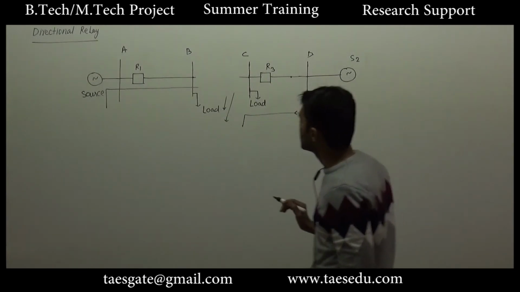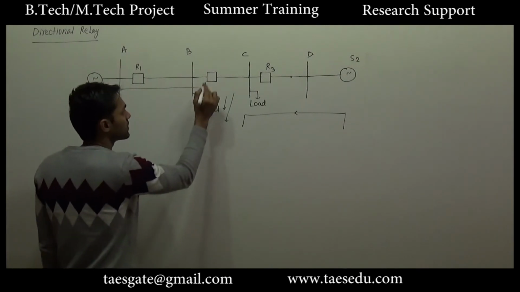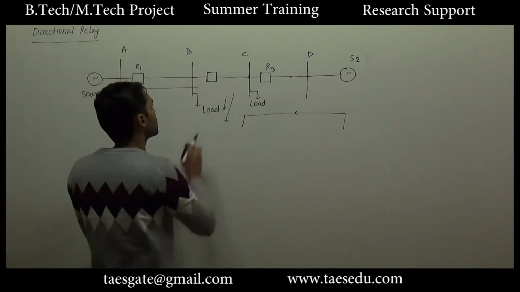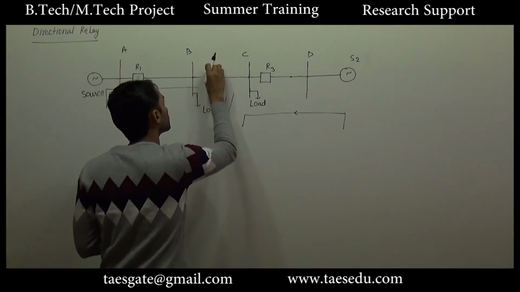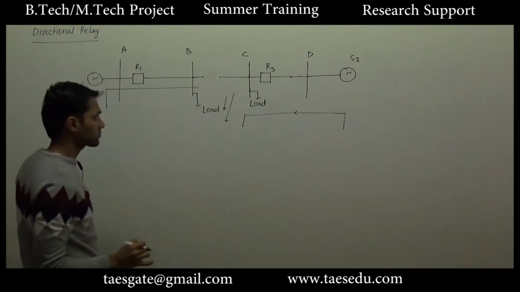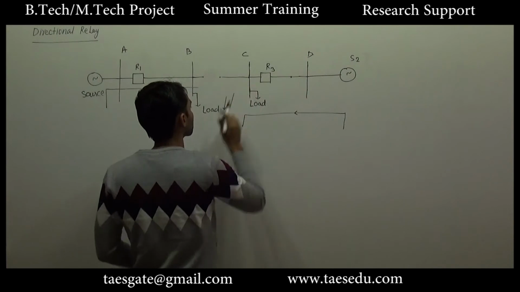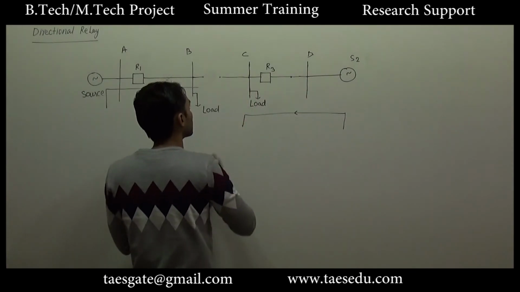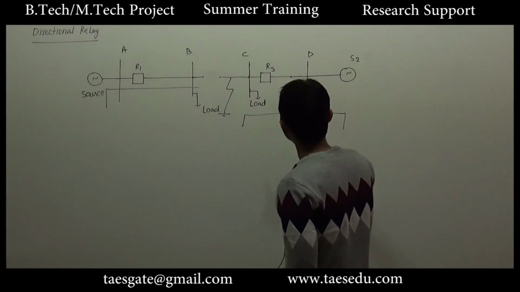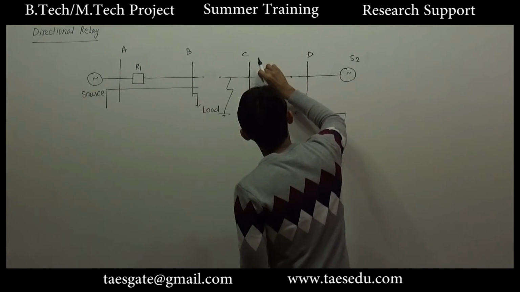But what will happen here? For this direction of current, let's say this will provide the primary protection, so this part of circuit will be removed. For this direction of fault current, we have a fault at this point, and the relay R3 will operate.